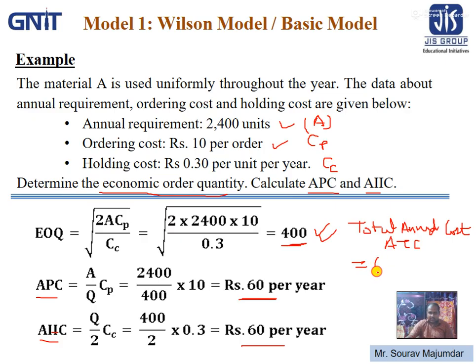APC is 60 plus 60, that is 120 per year. So 120 rupees per year, this is the total annual cost. Okay, in that way you can calculate.